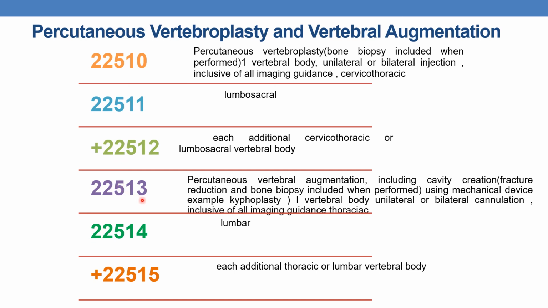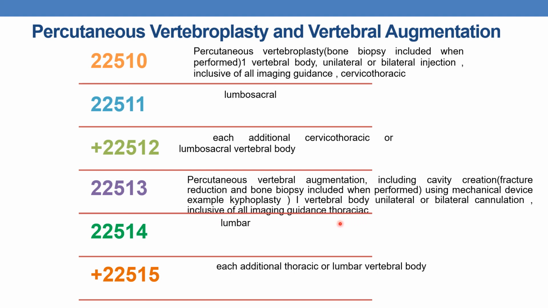The next code is 22513. Percutaneous vertebral augmentation including cavity creation, fracture reduction and bone biopsy when performed using mechanical devices, example kyphoplasty. As we have discussed earlier, vertebral augmentation includes vertebroplasty and kyphoplasty. Vertebral body, unilateral or bilateral cannulation inclusive of all imaging guidance.